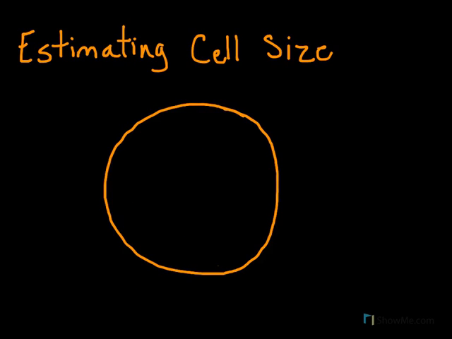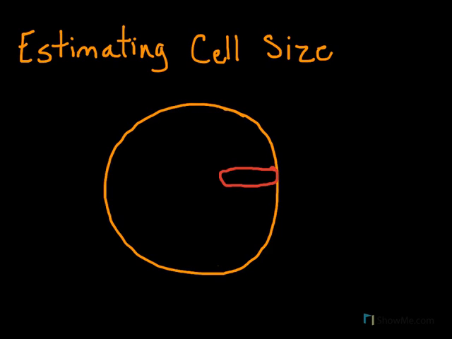Okay, so let's put this to use. We need to estimate the size of a cell, so let's draw in a typical cell. You're going to be asked, what is the length of this cell?